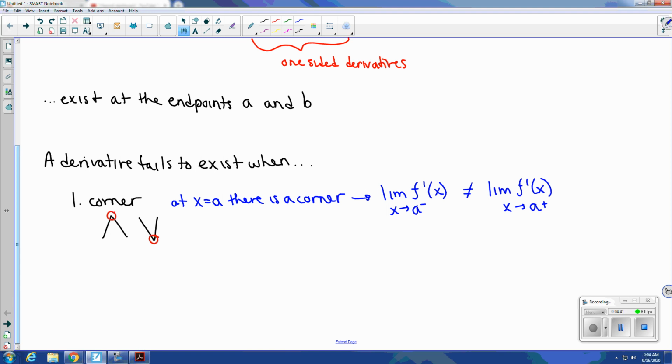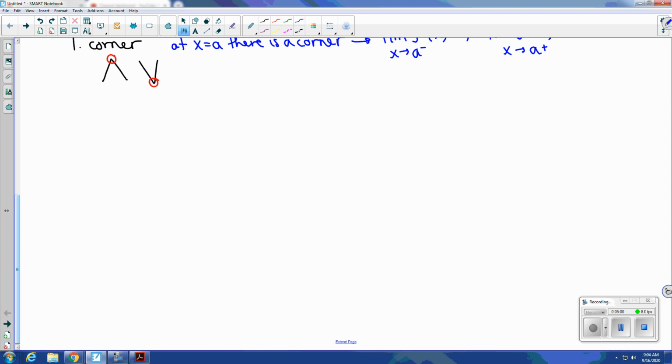But the actual justification is that the limit as we approach a from the left and right of our derivative values aren't equal as we go towards that corner. And again, the corner is going to be formed by two linear pieces, and the slope on one end compared with the slope on the other, they don't match.